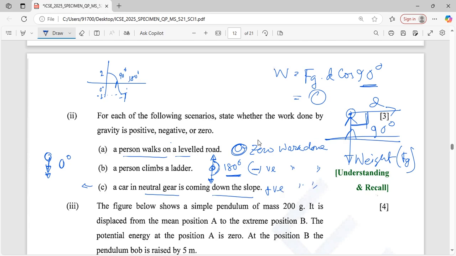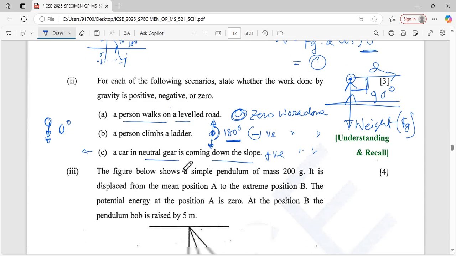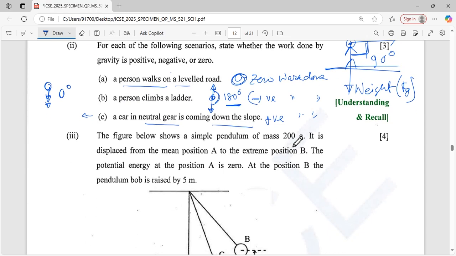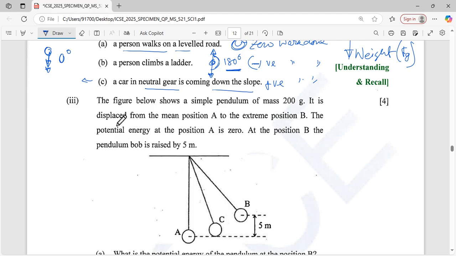Now, very easy. The figure below shows a simple pendulum of mass 200 gram displaced from the mean position A to the extreme position B. The potential energy at point A is 0. At position B, the pendulum bob is raised by 5 meters.